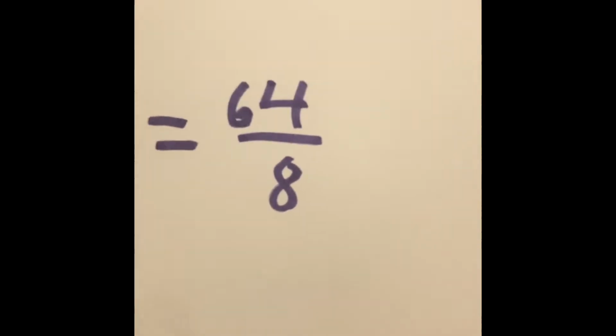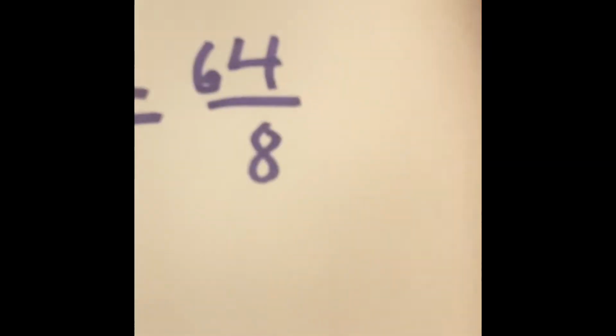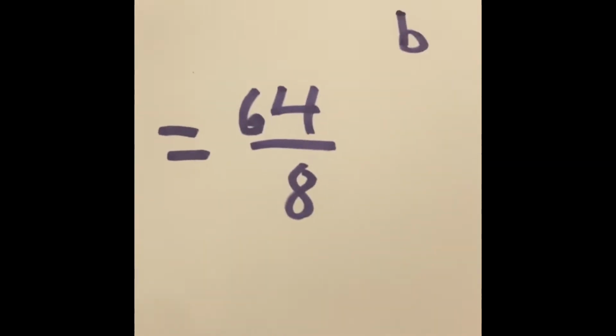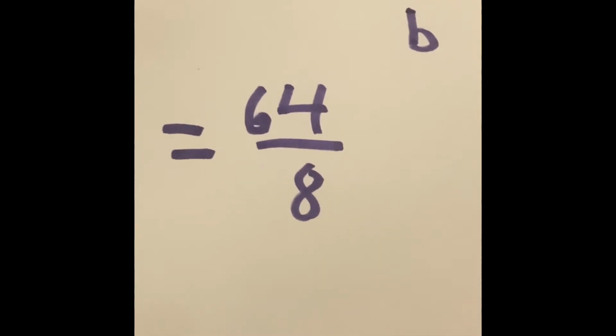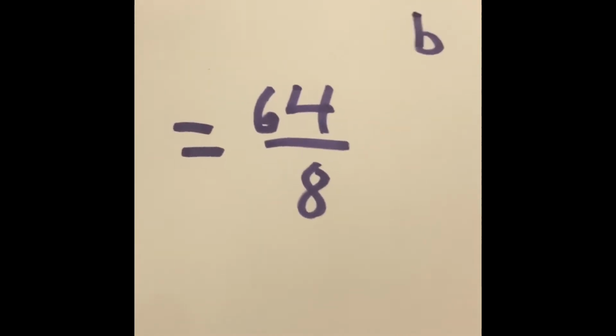Going back to your early years of mathematics, an improper fraction happens when your number on the top, or the numerator, is a lot bigger than the denominator. That means that an improper fraction must be greater than 1. Like 64 divided by 8, or 64 over 8, is definitely going to be more than 1.